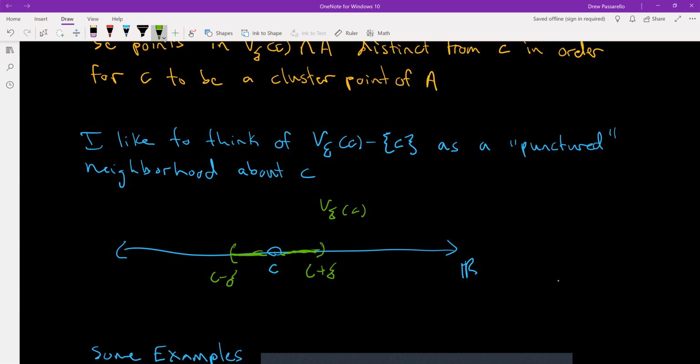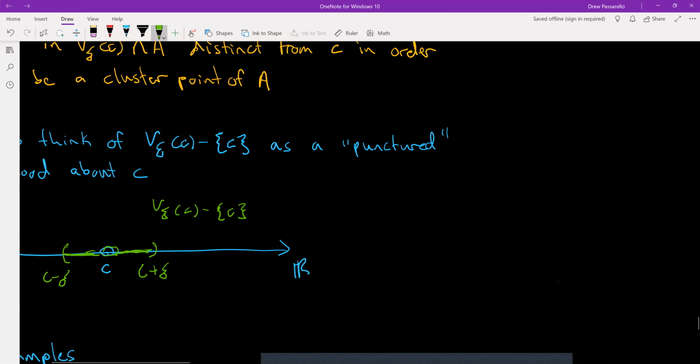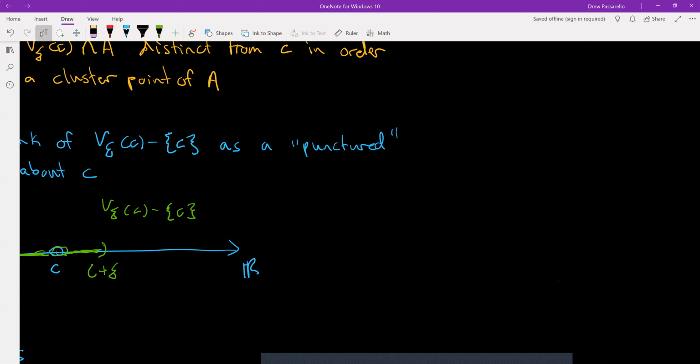So we have the delta neighborhood around c, but you subtract out c itself. So that's why there's an open circle or open dot at c. All right, so it's just a fancy way of saying take the point c out of the delta neighborhood.